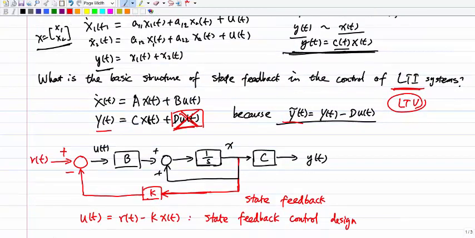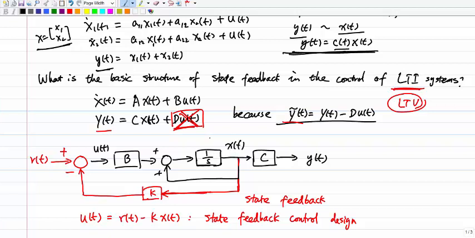I'm going to explain this in a little more detail so you know what I'm talking about. This is my input, assuming this is my st, starting from here, this is my reference signal. This is my x of t over here.